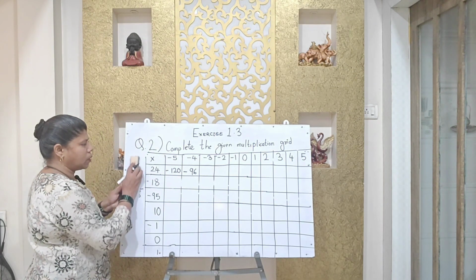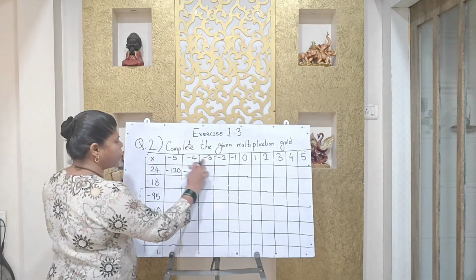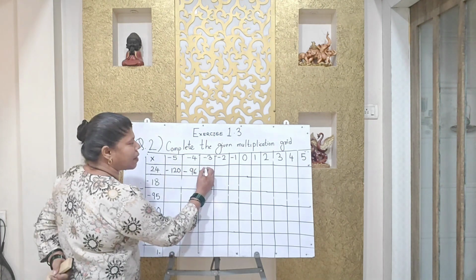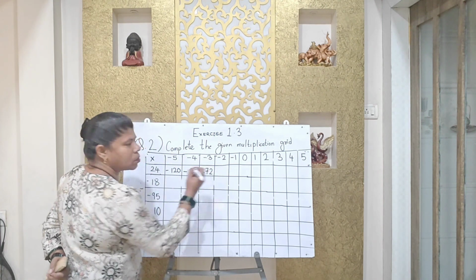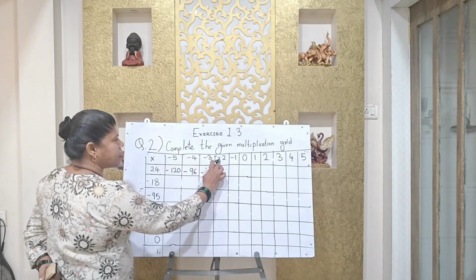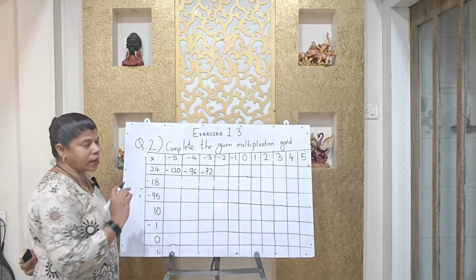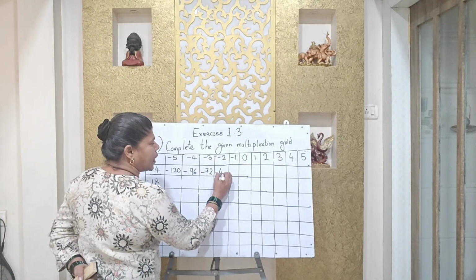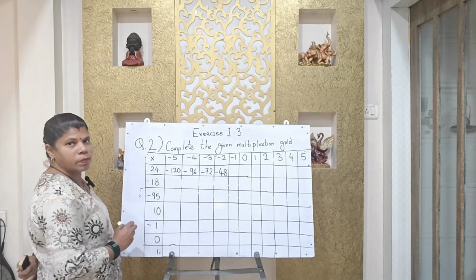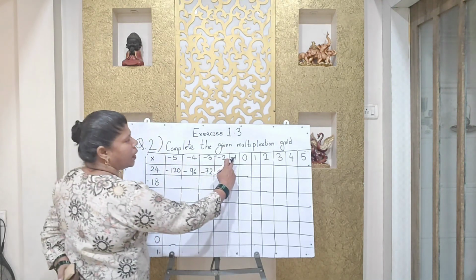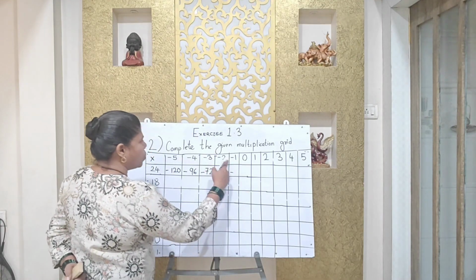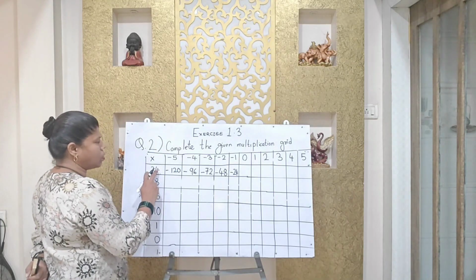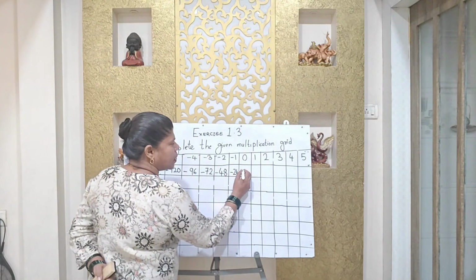Now here, negative, positive, negative. 24 threes are 72. Negative, positive, negative. 24 twos are 48. Again, positive, negative, negative. 24 ones are 24. Now here, 24 zeros are 0.